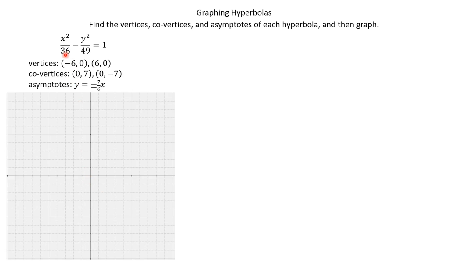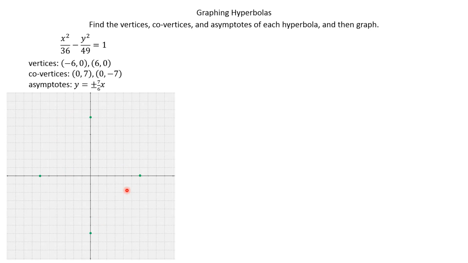Our x radius, or x distance, is 6. So we can go backwards 6 and put a point, forward 6 and put a point. Our vertical radius is 7, so we can go up 7, put a point, down 7, and put a point.